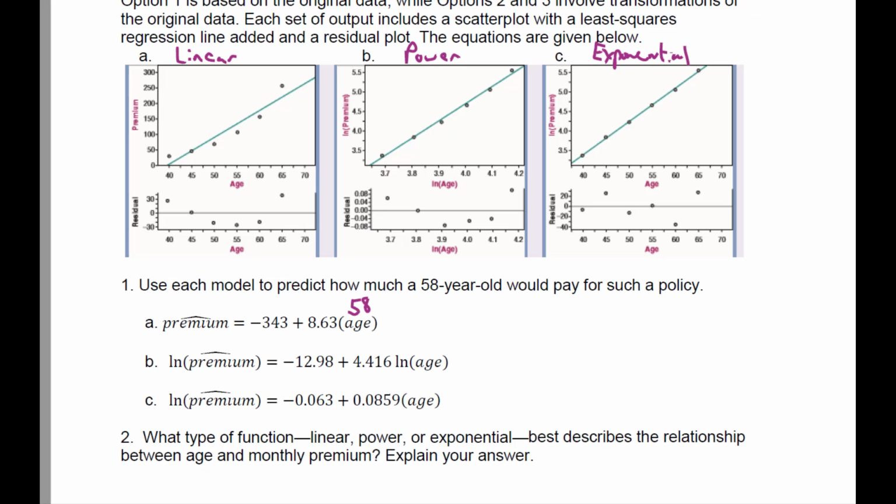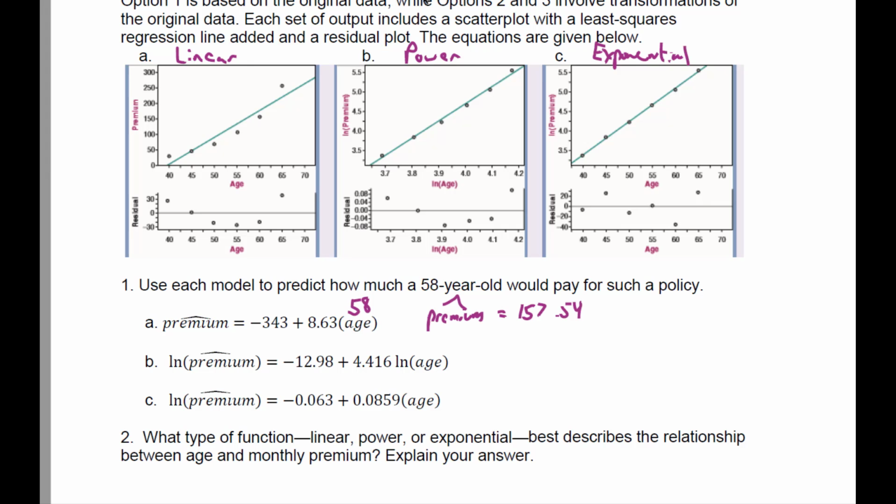So for our premium, I got 157.54. Okay, that's for the linear pattern.